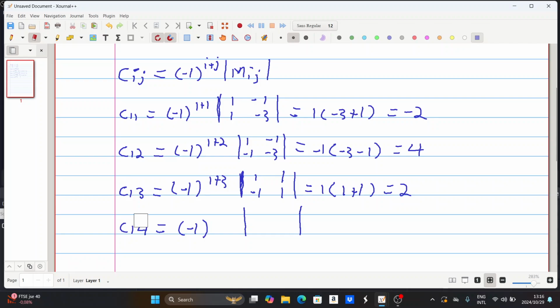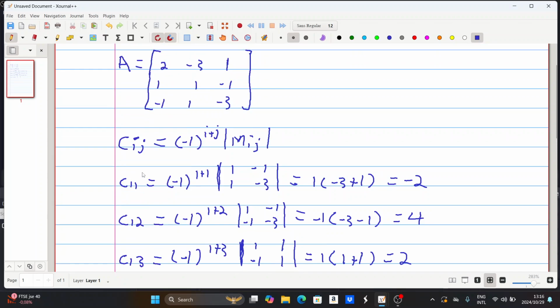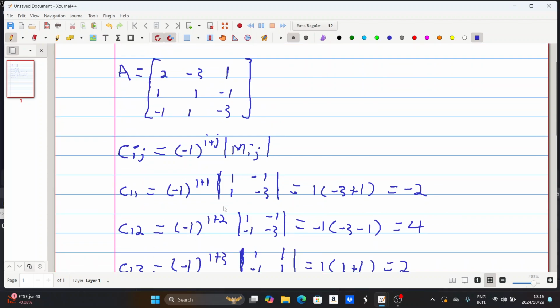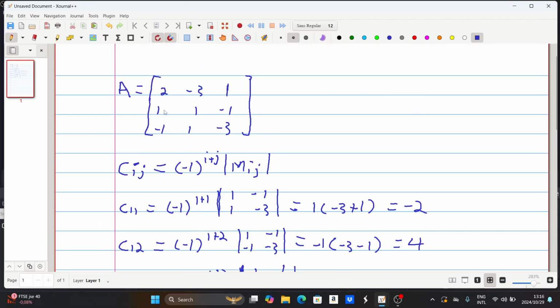Let me start over, because there's no 1, 4. We are on the second row now, 2, 1. So it's going to be 2 plus 1 on top. Because this is a 3 by 3 matrix. If it was a 4 by 4, then we would have 1, 4. But we ended at 1, 3 here.